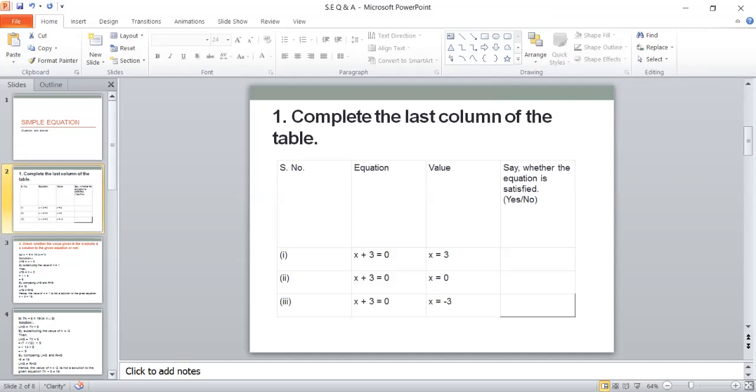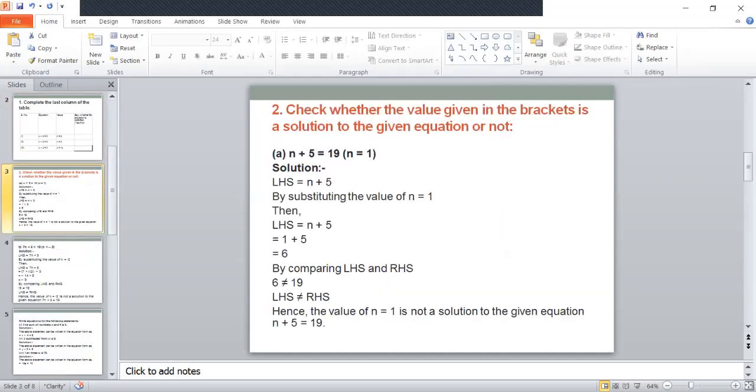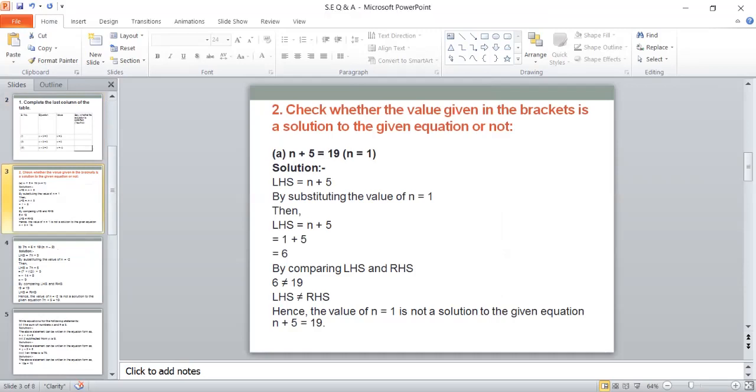Otherwise, if an equation is given, how to make a statement from it. We also know how to solve the equation, that is, how to find the unknown variable, and how to find the solution. That means finding the value of the unknown variable is called the solution of the equation.